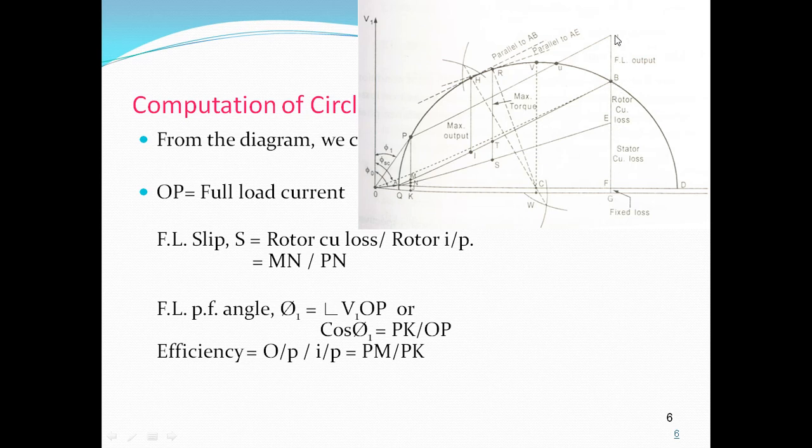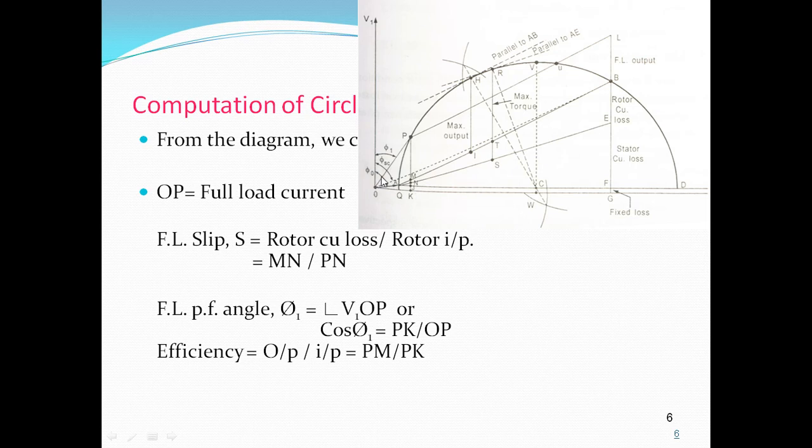Extend this BL, and from point L draw a line parallel to the output line AB, so that it cuts the circle at two points, before and after, that is U and P. We take the point P. From here we draw a vertical line, and that cuts the output line AB at M, the torque line at N, the line AD at J and the bottom line at K.